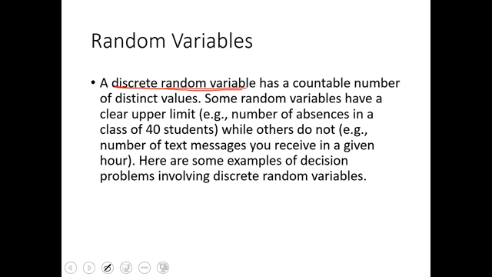Sometimes a discrete random variable has an upper bound, an upper limit. For example, the number of absences in a class of 40 students. Or sometimes it has no upper limit, for example, the number of text messages you receive in a given hour.